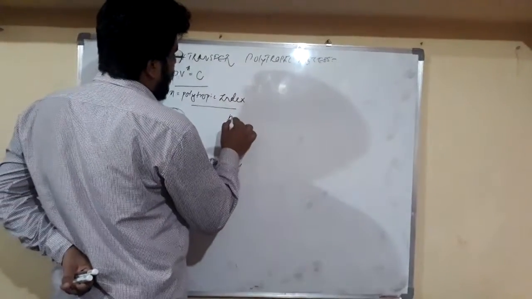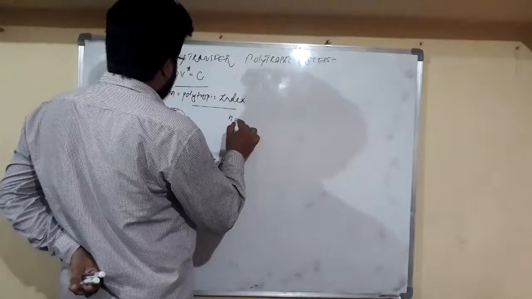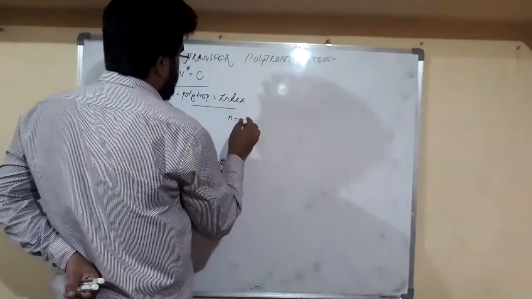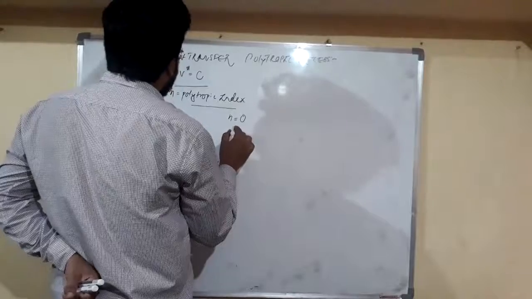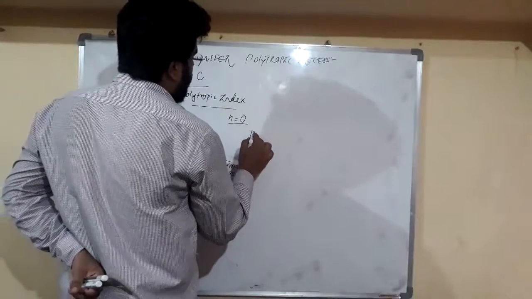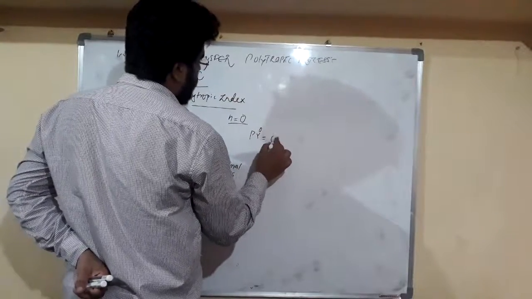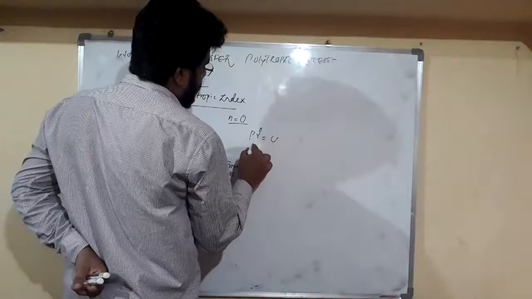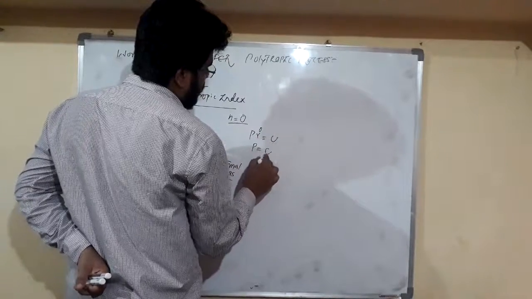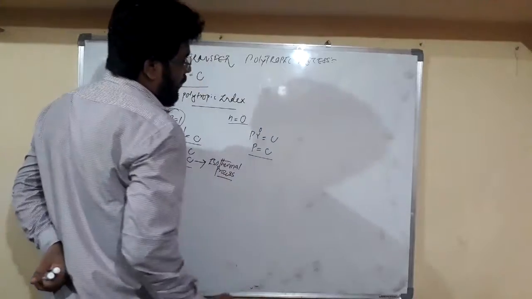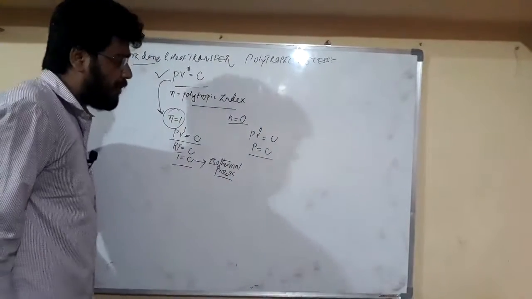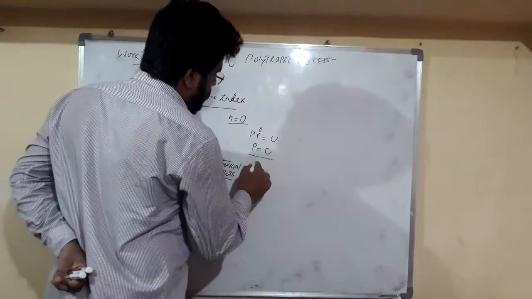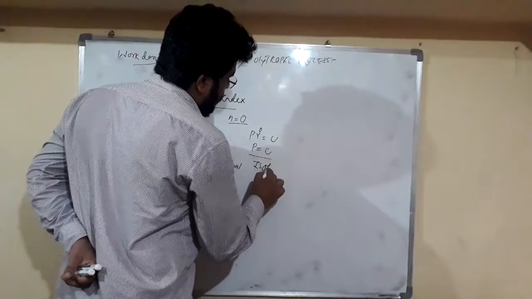Dear friends, if we take n equal to 0, then what happens? PV^0 equals constant. It becomes pressure equal to constant here. And in any process, if pressure is constant, then it is called an isobaric process.